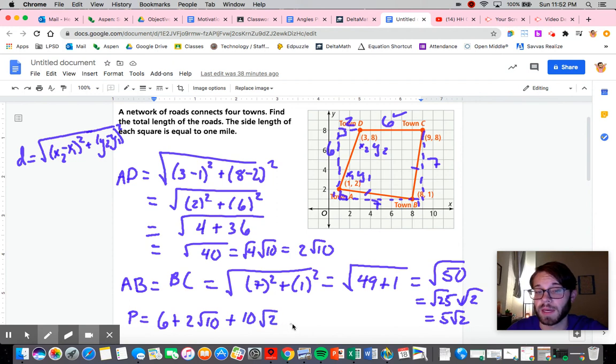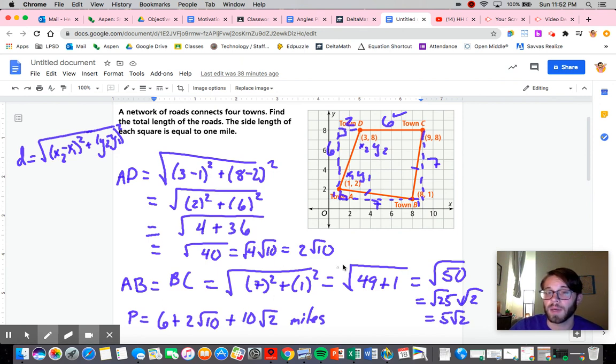Now you can plug this into a calculator, and this is miles. If you want to get a rounded answer, obviously it doesn't necessarily help for me to tell you it's a certain number of square roots of miles, but ultimately, without going through and plugging everything into a calculator, this is good enough for our purposes.